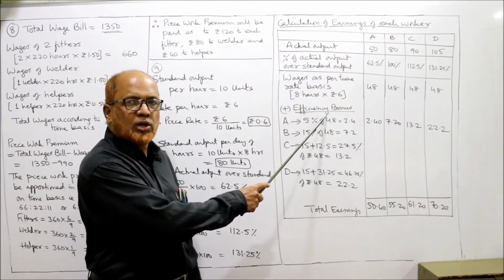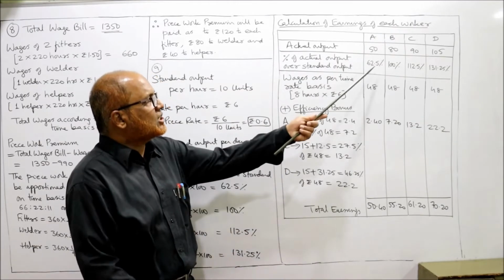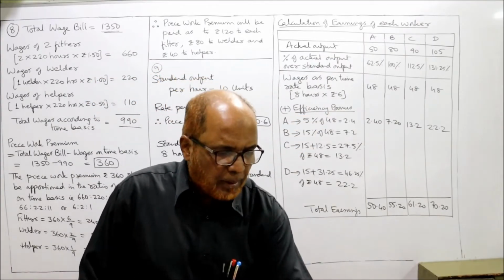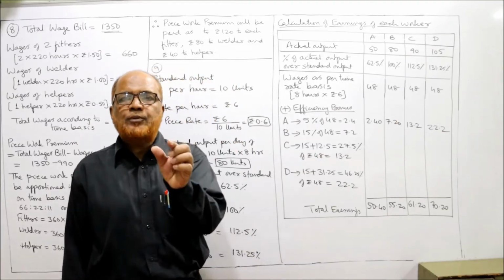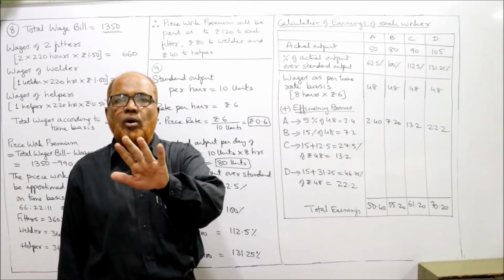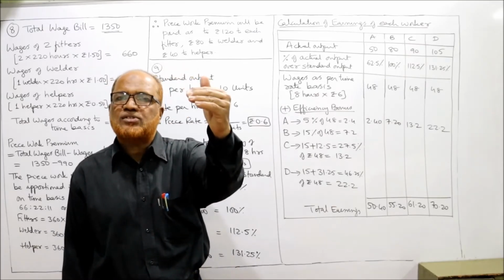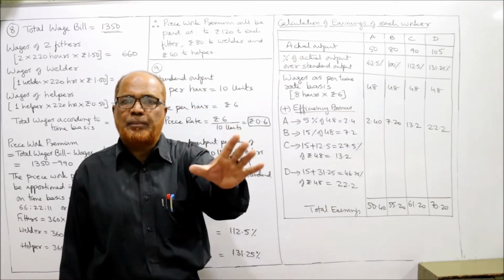So, efficiency bonus. A's output is 62.5% of standard. It is given in the problem that up to 60% of standard no bonus will be given. If a worker has produced more than 60%, he will be paid bonus.